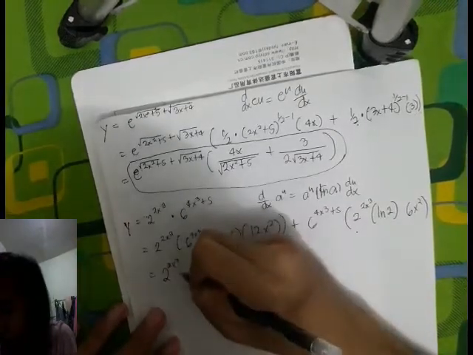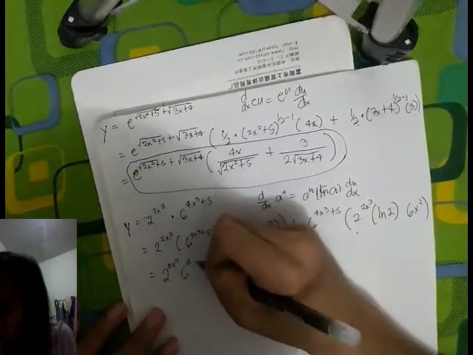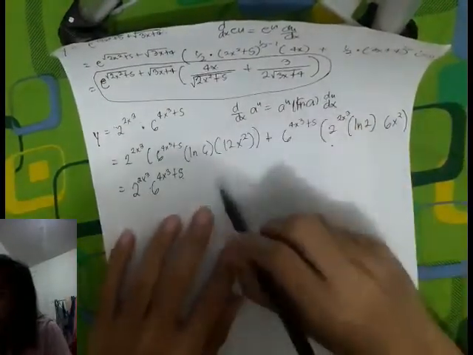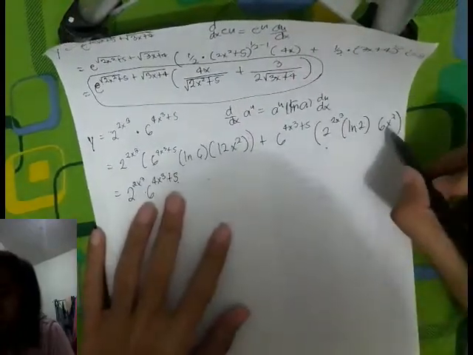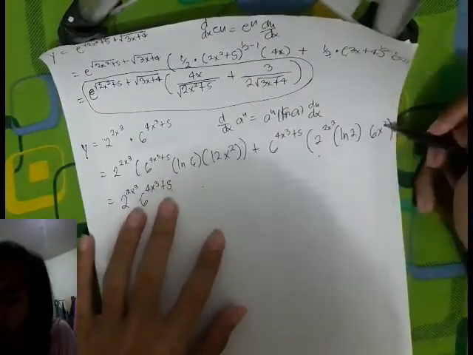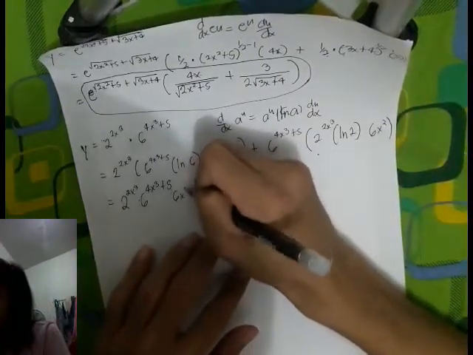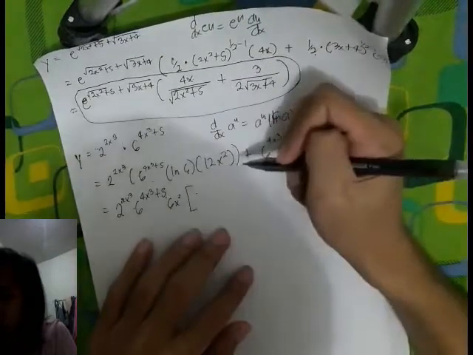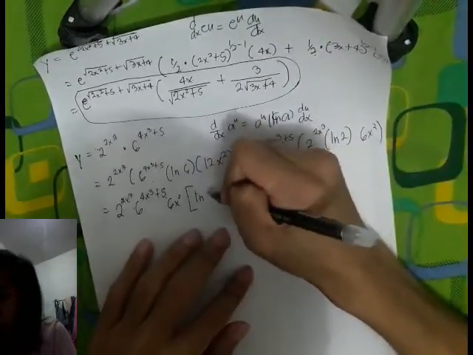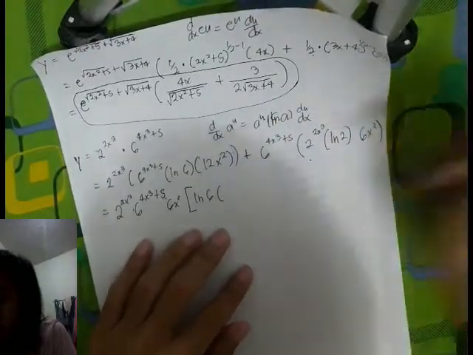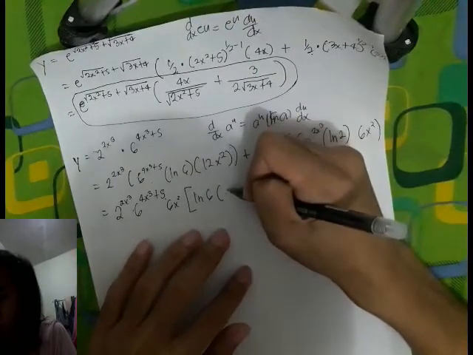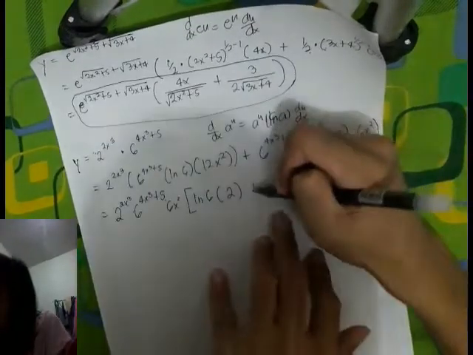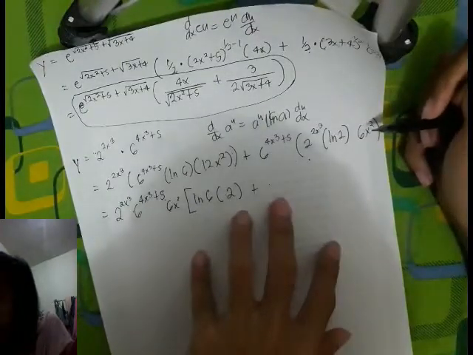Then we cancel out 6x squared on both sides. What will be left inside is 2 ln 6 plus ln 2.